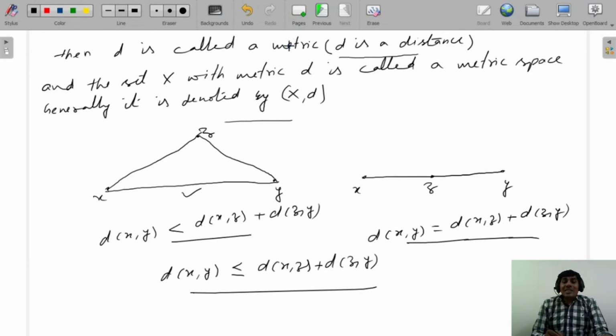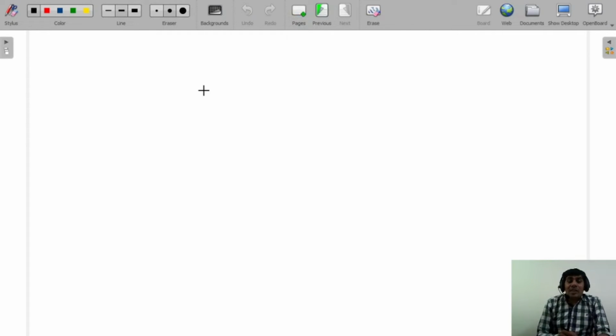Now, we will discuss an example of a metric space known as the discrete metric space.